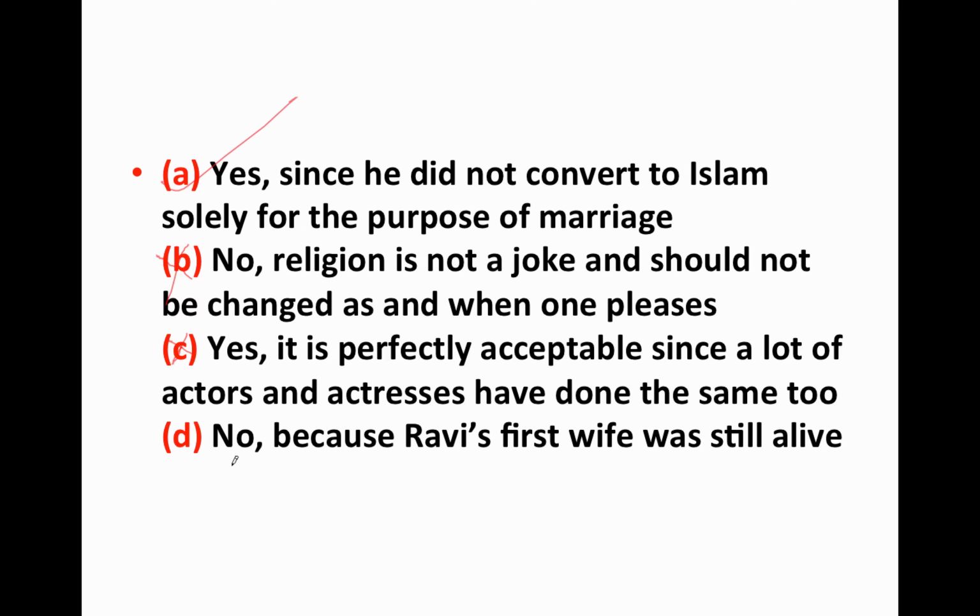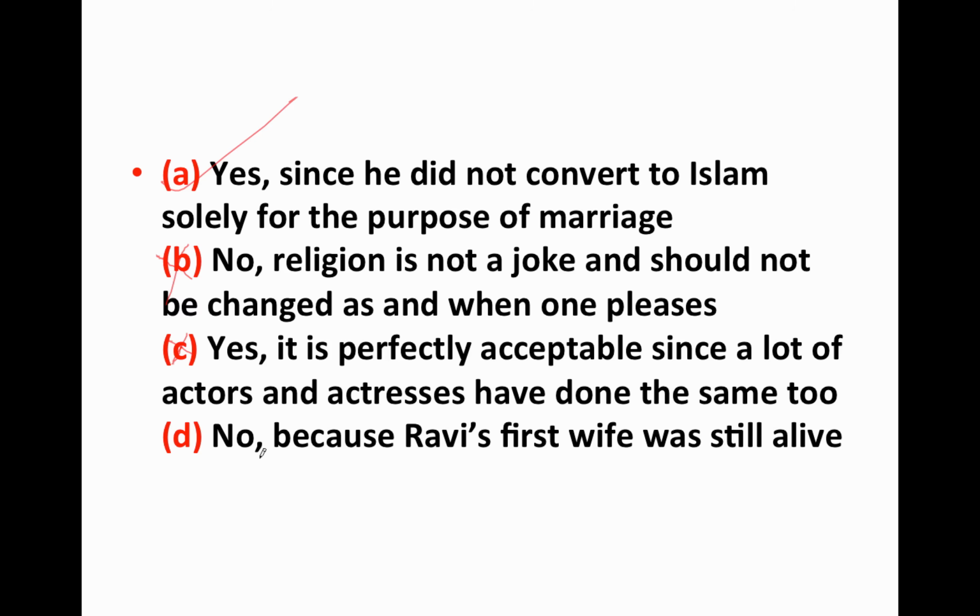The fourth option says that no, the second marriage is not legal because Ravi's first wife was still alive. Well, this can be true, but we have no answer to this. The fact that Muslims can marry legally 4 times was what I told you. It was not mentioned in the facts. I told it to you deliberately to confuse students, so that sometimes your assumptions, your pre-knowledge, your preconceived notions can mix with your facts.